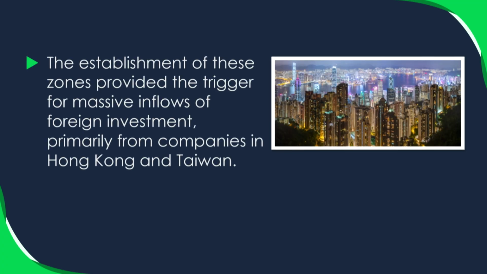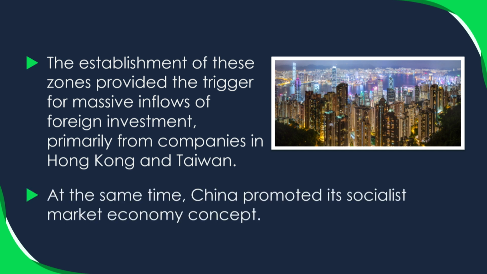They became hubs for manufacturing and export-oriented industries. The establishment of these zones provided the trigger for massive inflows of foreign investment, primarily from companies in Hong Kong and Taiwan. At the same time, China promoted its socialist market economy concept.